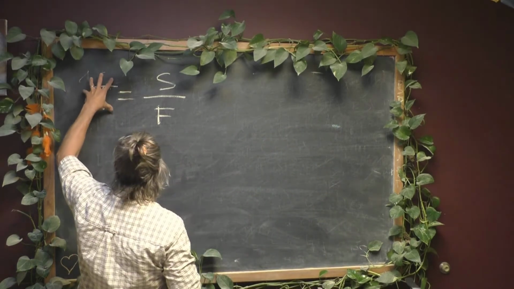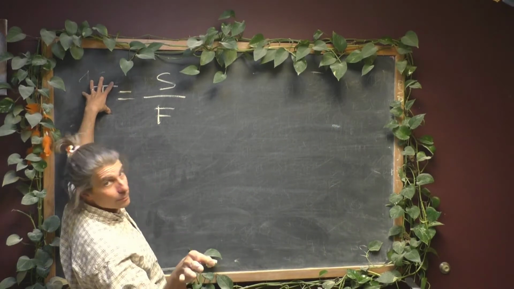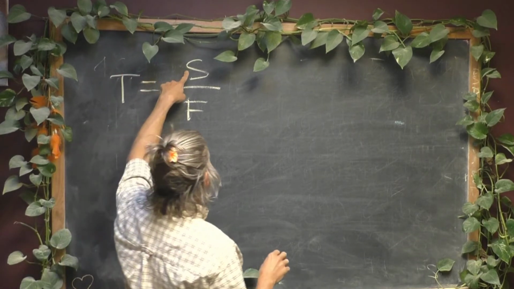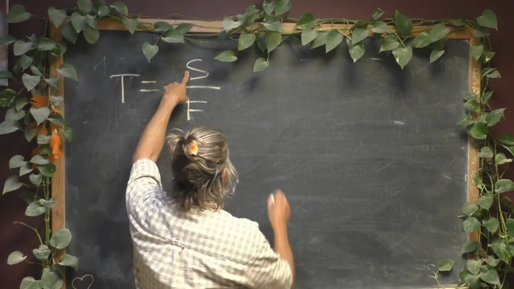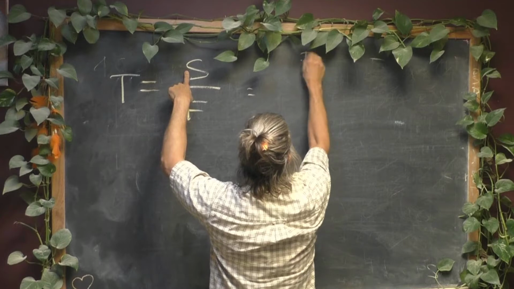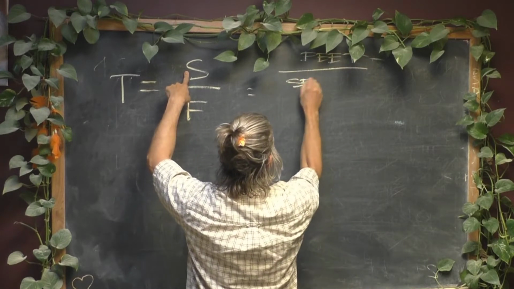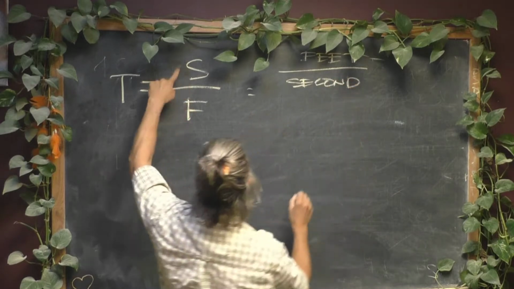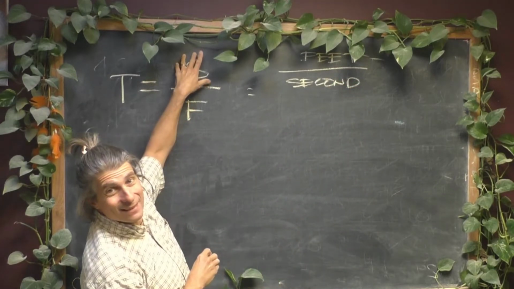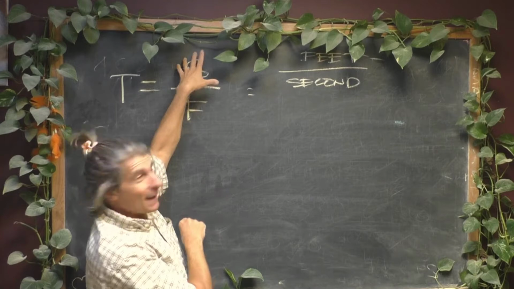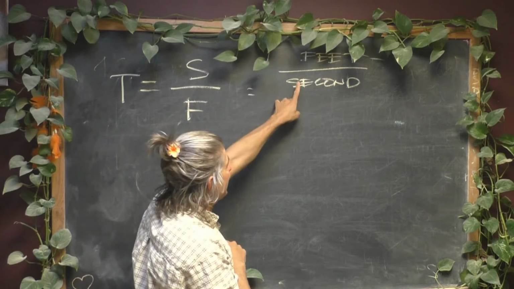Time needs to be measured in seconds, according to what we just read. Speed is measured in feet per second. So the unit on this S, whatever this S is, that S is going to have a number, right? But that number is united. It's feet per second.